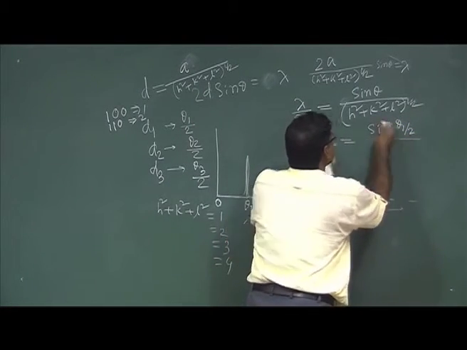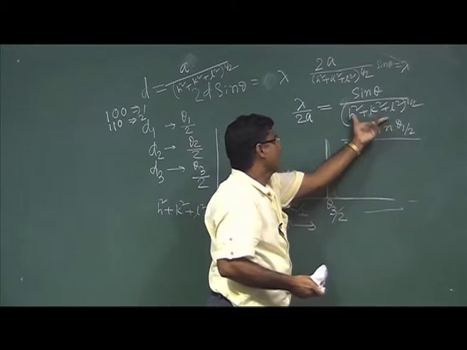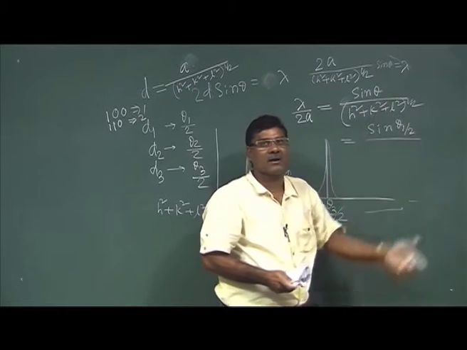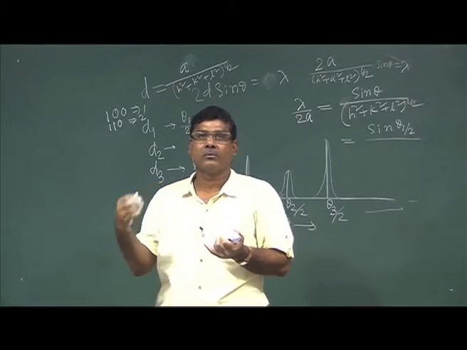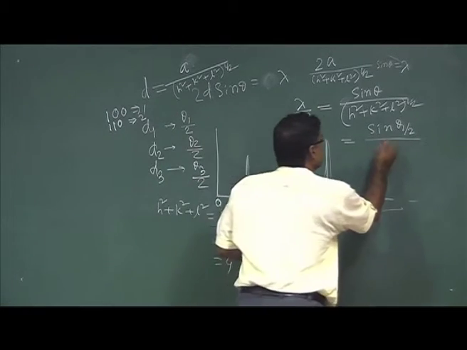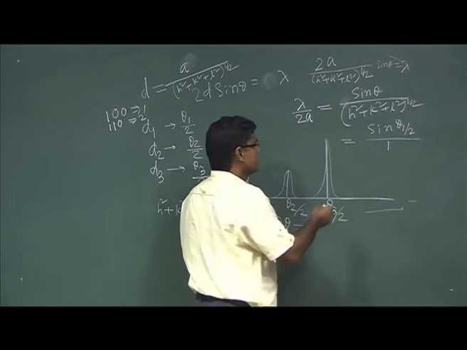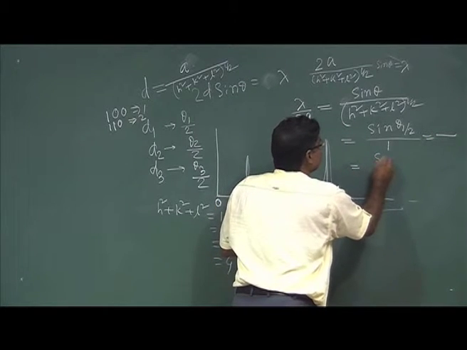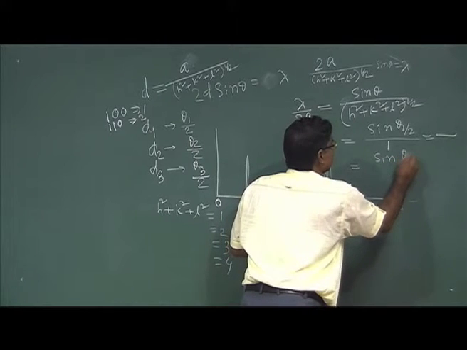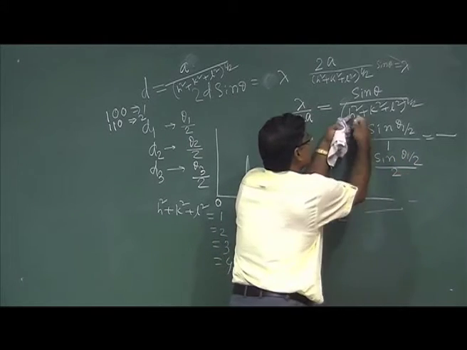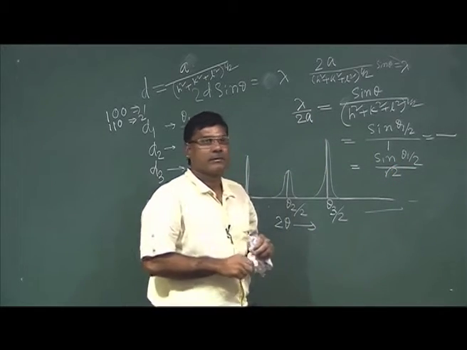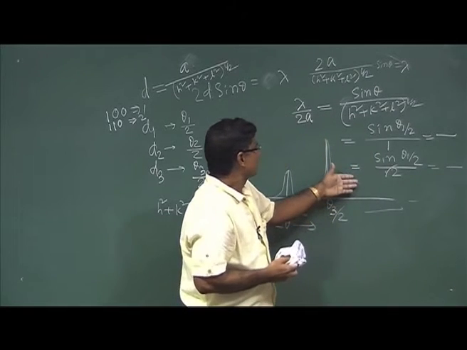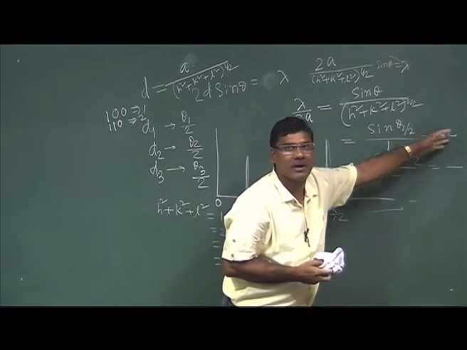I do not know the hkl for this, but I know that h square plus k square plus l square can take values only 1, 2, 3, 4. So, I will divide by 1 and get some value, then I will divide sin theta 1 by the square root of 2 and get some value. This way I will get different values.